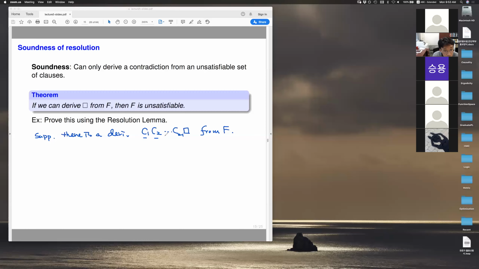So it's either from F or obtained from some clauses from before.